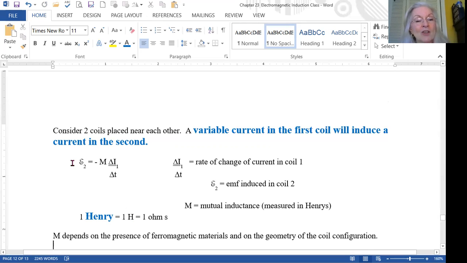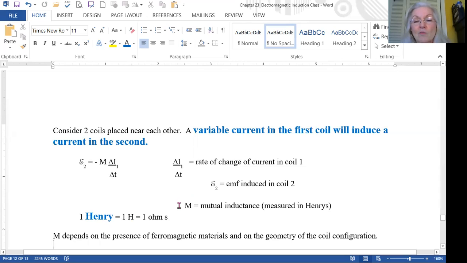And there's an equation for that. The EMF in the second coil is going to equal negative M times delta I over delta T. Delta I over delta T is the rate of change in the current in the first coil. The EMF2 is the EMF induced in the second coil. And capital M is the mutual inductance.